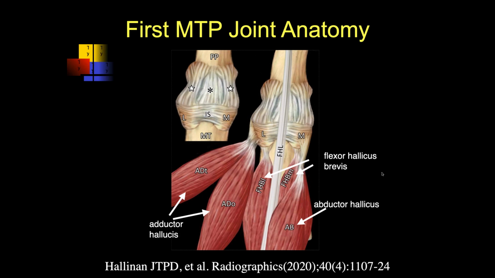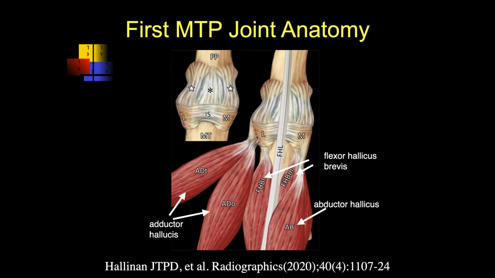Now there are a number of muscles that attach to this complex to make sure that there's proper motion, with a lot of complex activity. There are the adductor hallucis muscles, basically laterally here, flexor hallucis brevis, and then you can see the adductor hallucis coming in through here on this side.